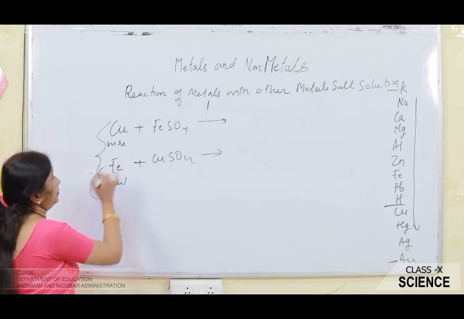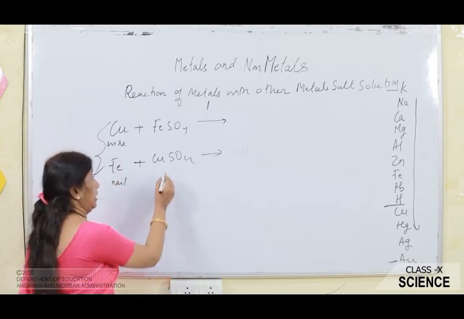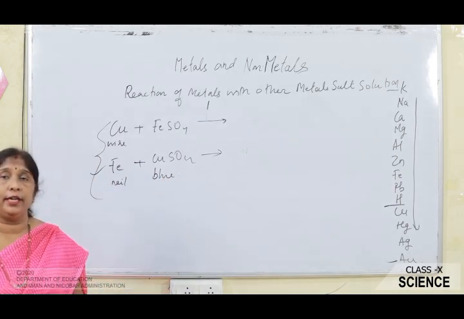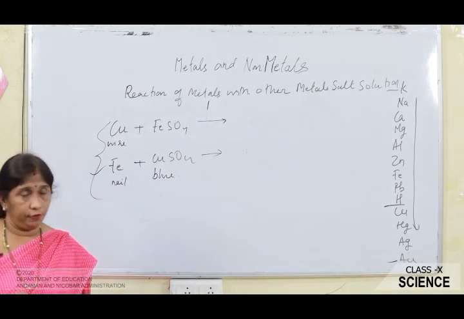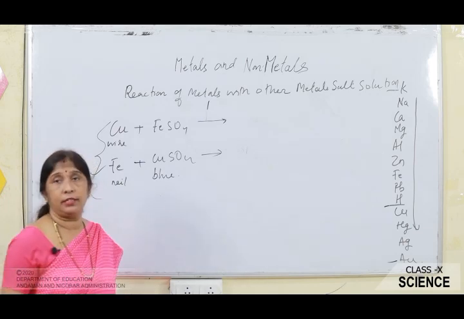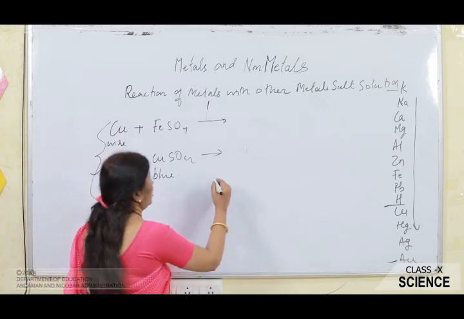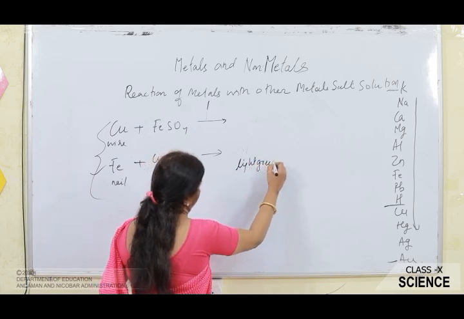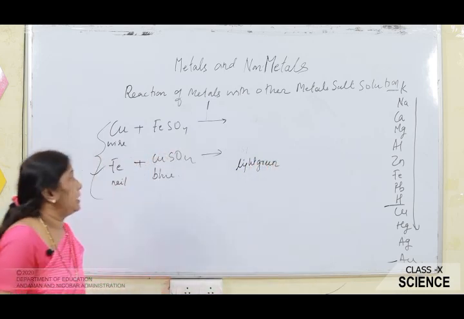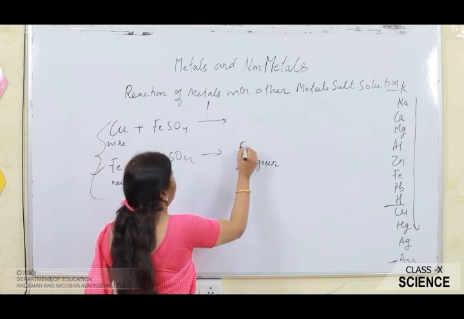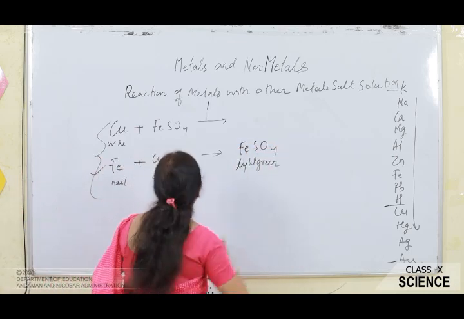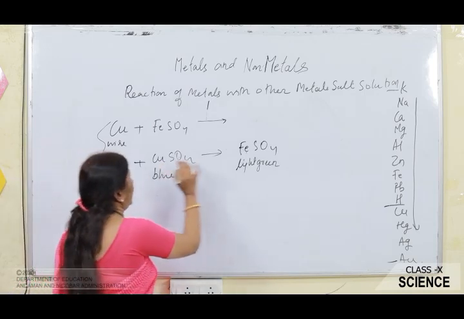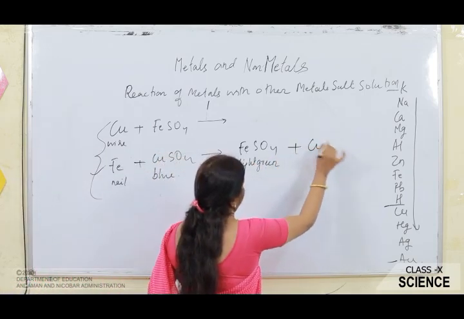In this test tube, we will observe that the blue color of the copper sulphate slowly fades and changes to light green, that is the formation of FeSO4. FeSO4 is formed and copper is separated.